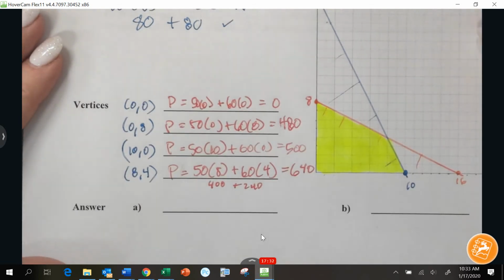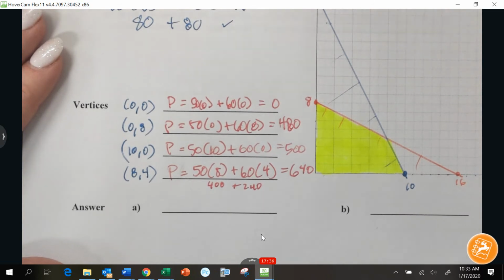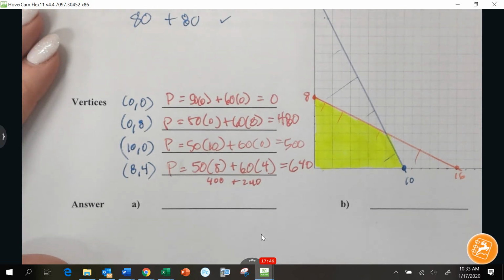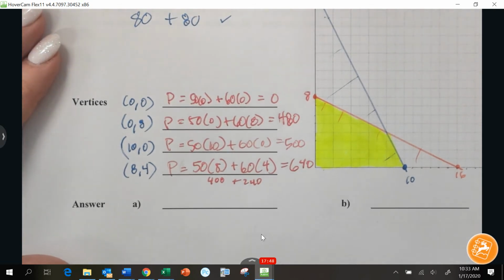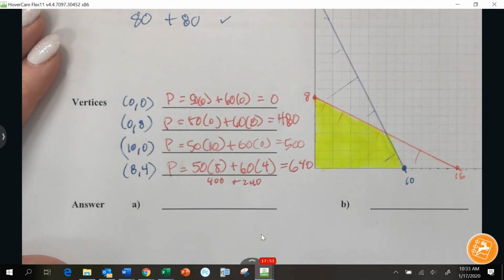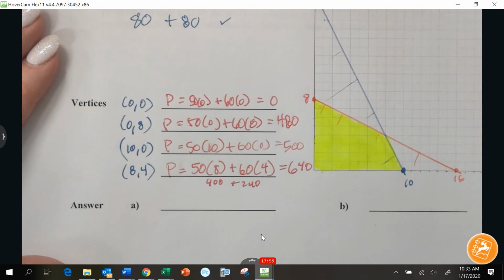Come up here. All right, you guys, look at this. What do you think the company should do to maximize profits? 8 what? For what? What's 8? What's 4? Not pounds. 8 house what? Batches.